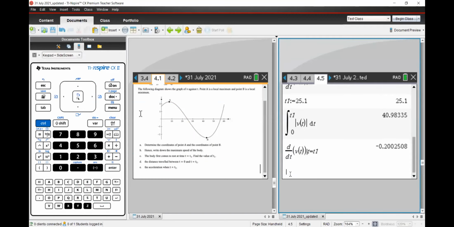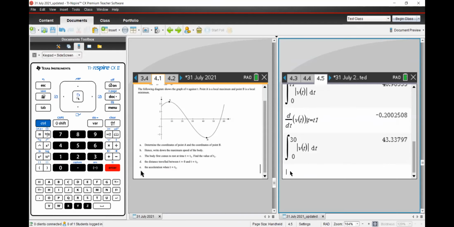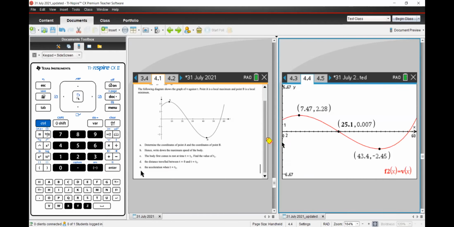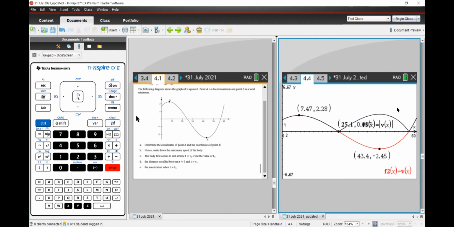So here the absolute value comes in handy, and we say not T1, we want 30. Hit enter and you get the result. Wonderful. We can even show the students what the graph would be when we use absolute values. We can go to the template and say v of x, and it would look like this.